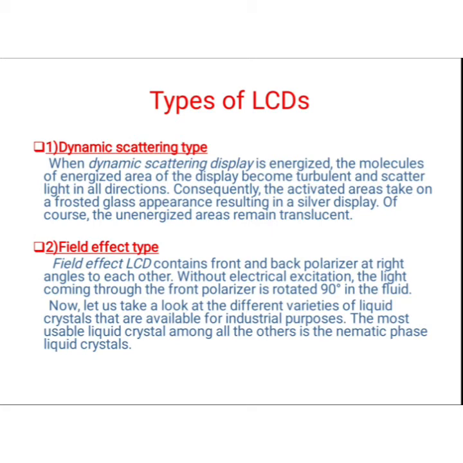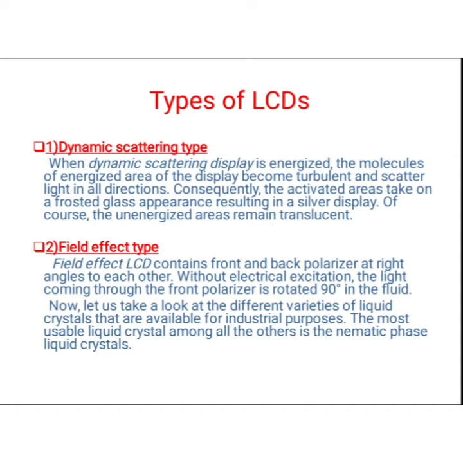Whereas in the field effect type, optical fibers will be used between the glass plates in the same setup. Optical fibers are fine material which carries the light. The LCD material is of twisted nematic type, which twists the light passing through the cell when not energized.